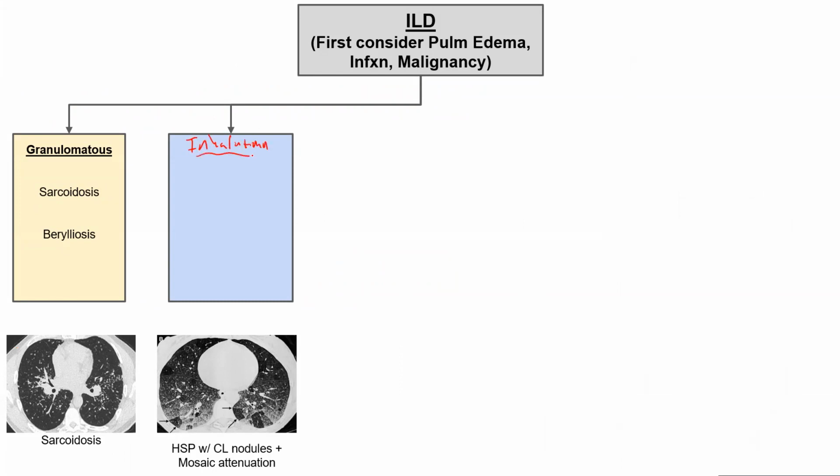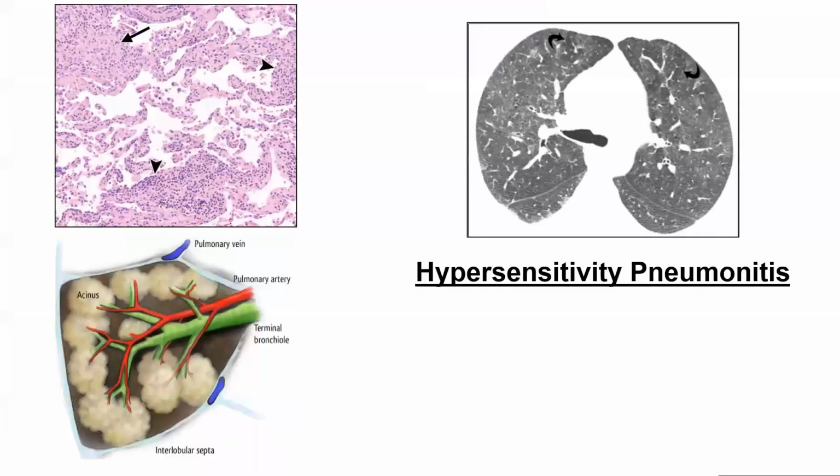Inhalational can be either organic, like hypersensitivity pneumonitis, where very, very small organic matter forms in the lungs and causes a hypersensitivity response, or inorganic, and these are our typical pneumoconioses like silicosis, asbestosis, and coal workers' pneumoconiosis. So that's our second category. So, hypersensitivity pneumonitis.